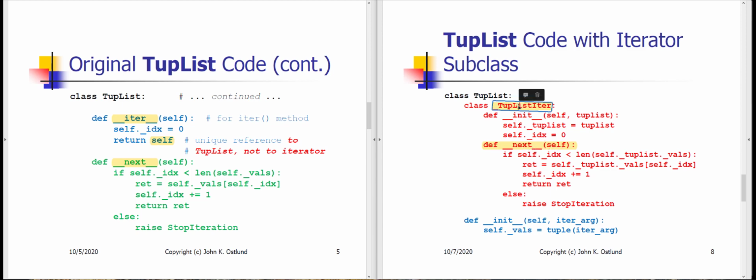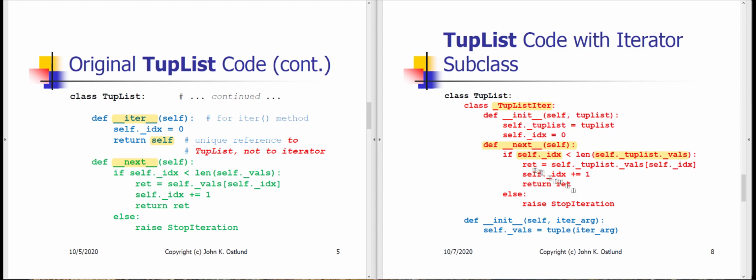the TupList iter object. And so we have to say, all right, is the index within this TupList iter less than the length of the TupList iter's TupList tuple? Okay, so the TupList iterator's TupList's tuple, we check to make sure that the index is within the length of that tuple.